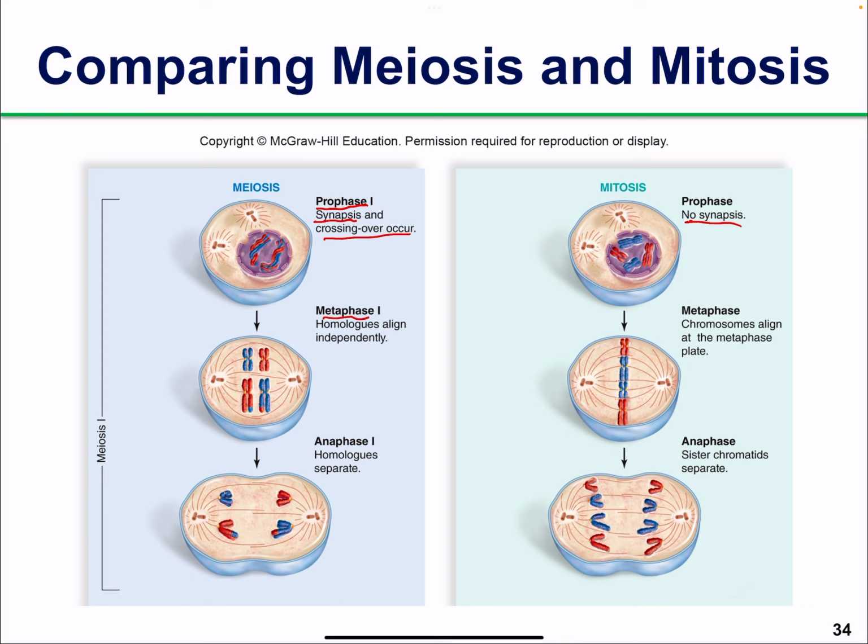In metaphase 1, the homologous chromosomes are going to line up on the equator line, while in metaphase of mitosis, the chromosomes are all going to line up regardless of where they come from. Do they come from mom? Do they come from dad? It doesn't matter, right? During anaphase 1, the homologous chromosomes are going to part ways, while during anaphase of mitosis, the sister chromatids are the ones that are going to part ways.